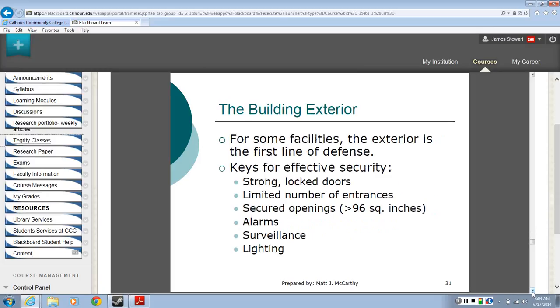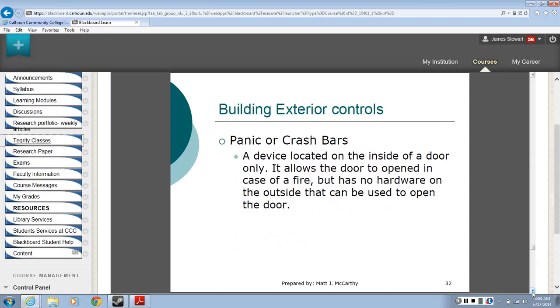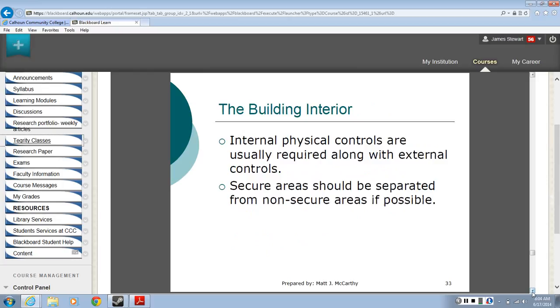How do you secure the exterior of the building? Good, strong locks, alarms, surveillance cameras, lighting. Only have a limited number of entrances that people can go in or out. How do you control security in the interior of the building? Separate your secure areas from non-secure areas, public areas from non-public areas.